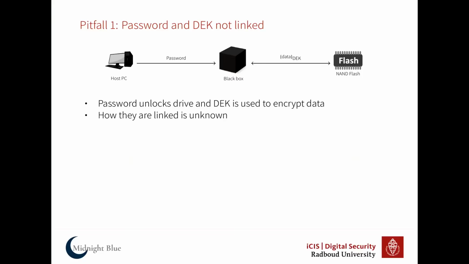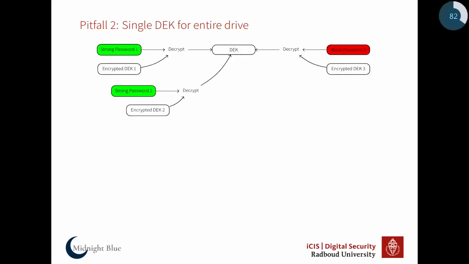But you don't know how that works, and you don't even know whether these things are related at all. If not, then all the secrets that you need in order to access the data are already stored in the drive. So this happens.